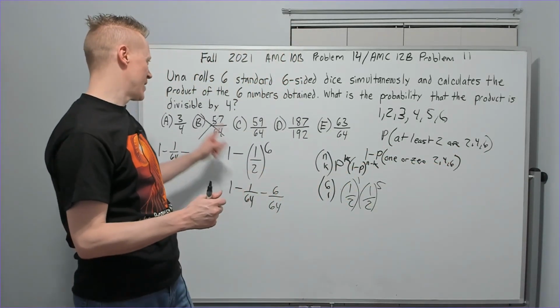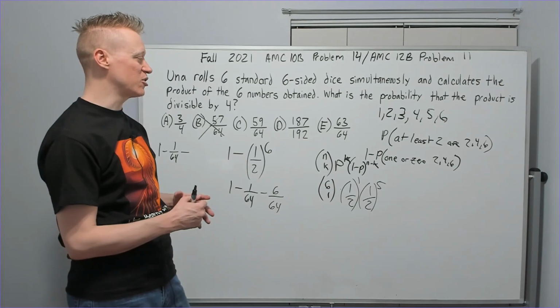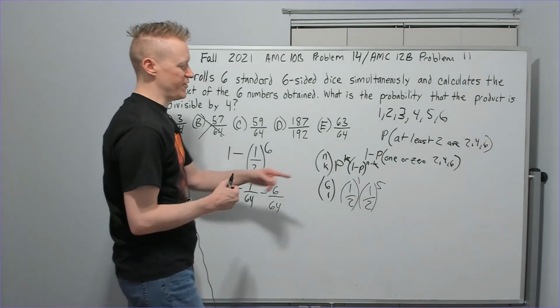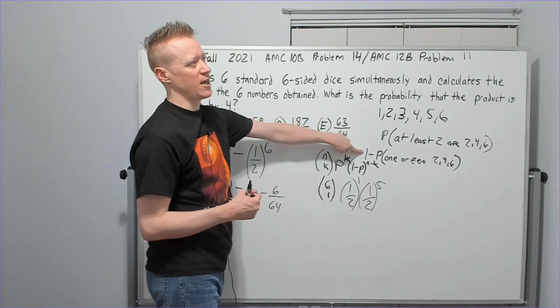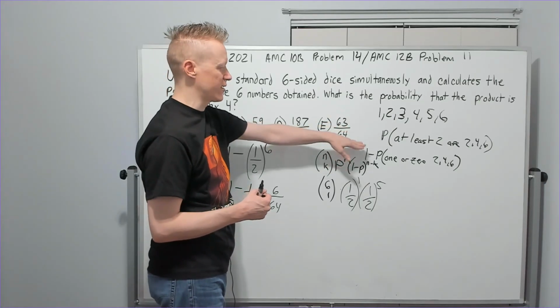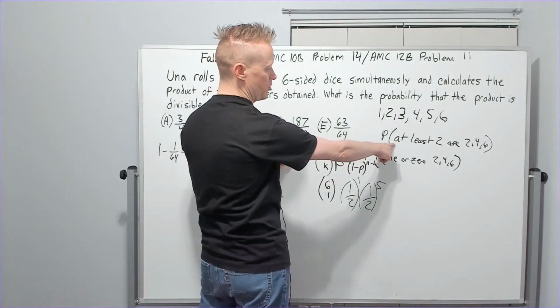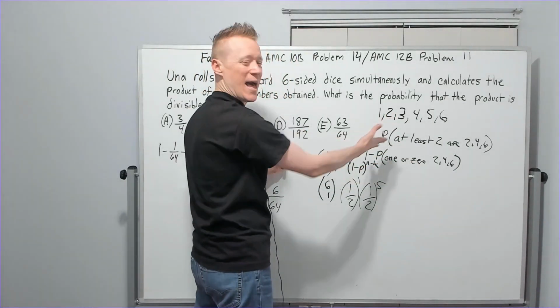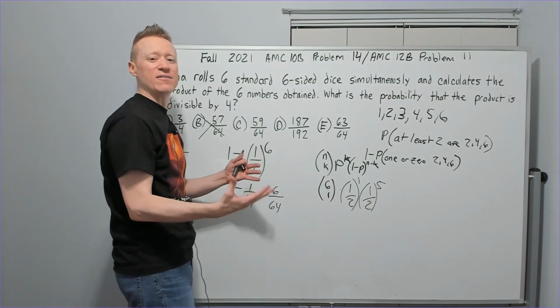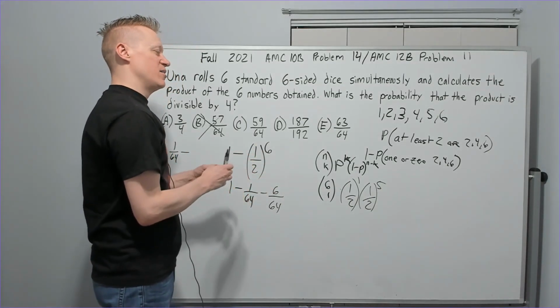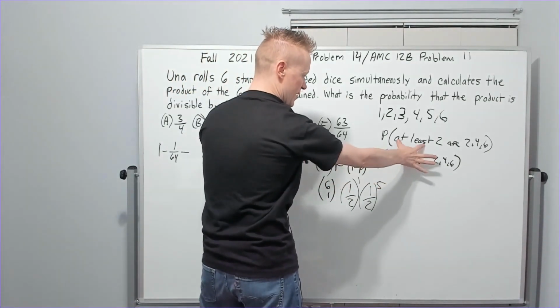And we don't want to subtract those because we want to keep those included. If you don't know, this is also called complementary counting or complementary probability, if you will. If you have at least one event and its complement and you add them, the total probability of any event is always 1.